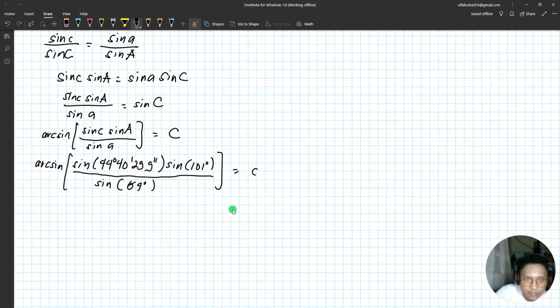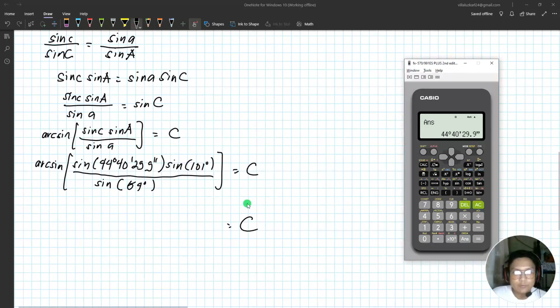It's equal to capital C. Solve. Arc sine of sine 44, 40, 29.9, then sine 101 over sine 54.